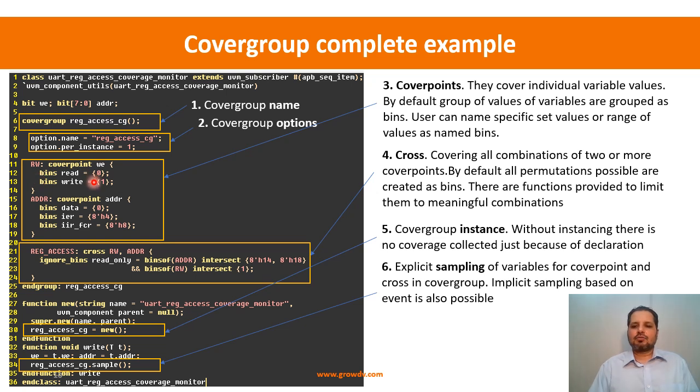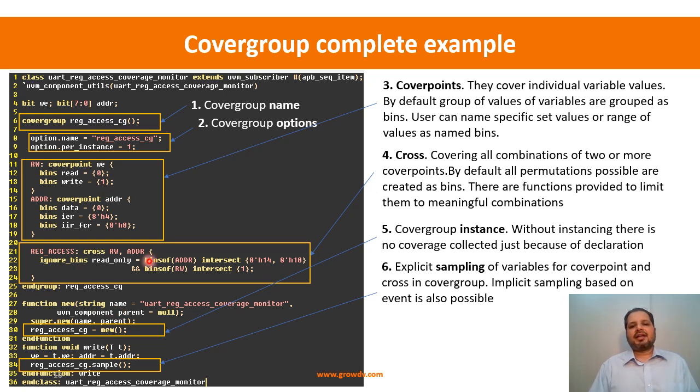That gives me a very good idea that I need to enable read. Similarly, it will sample the address and look for these values. If these values are found, the bin is marked as hit, and it also implements a counter per bin. For each of these bins, whenever that particular value is sampled, it will increment the count.